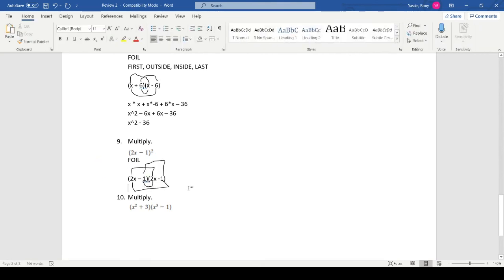Okay? So now if you have to show your work on this, first was 2x times 2x. Outside is 2x times minus 1. Inside is minus 1 times 2x.